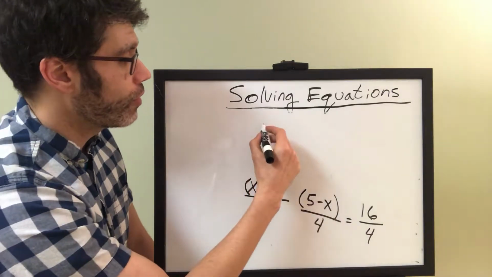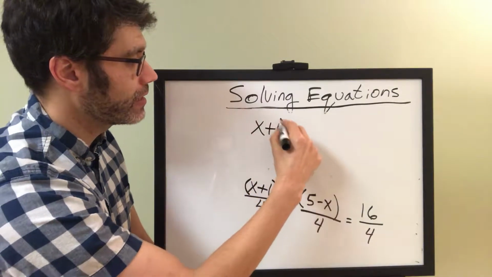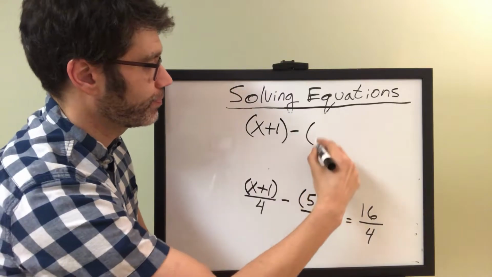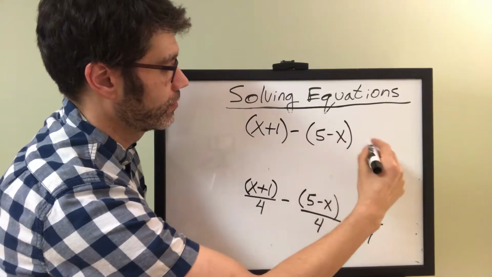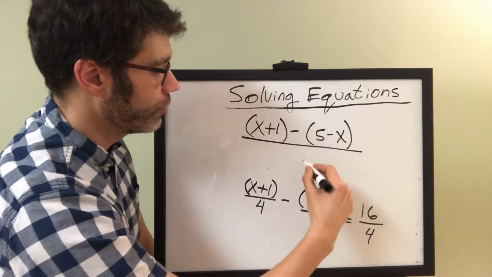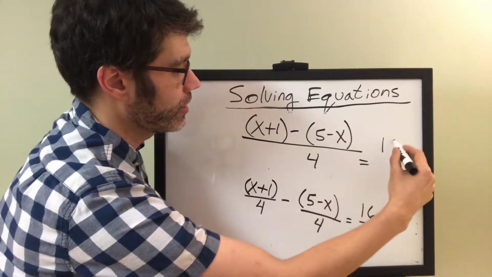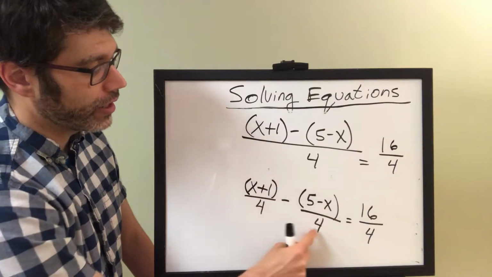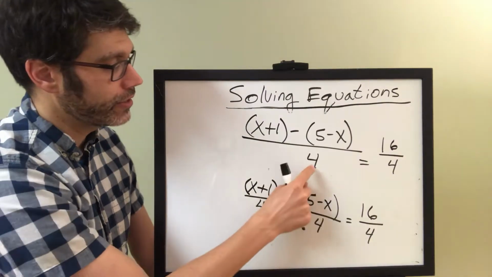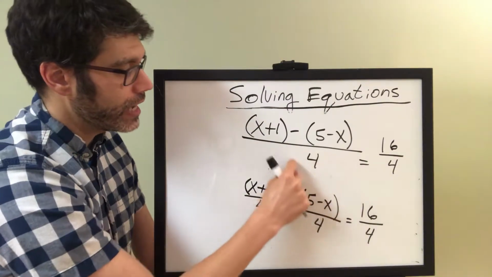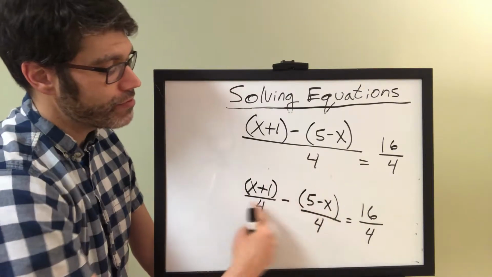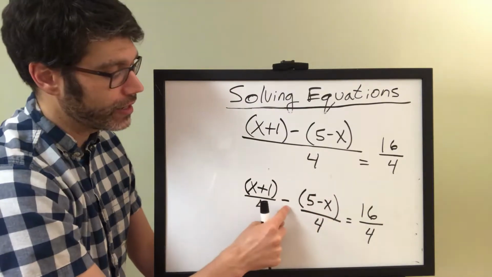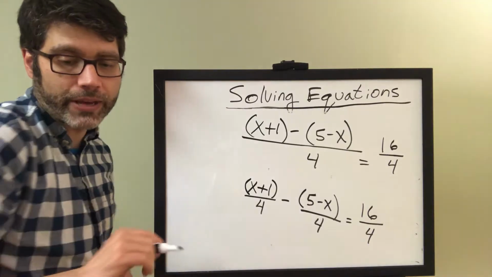So what we're going to do is rewrite this like this, all over 4 equals 16 over 4. Okay? Do you see that because these are like denominators, we can keep the denominator, but then we subtract the numerators because this operation here is subtraction, okay?